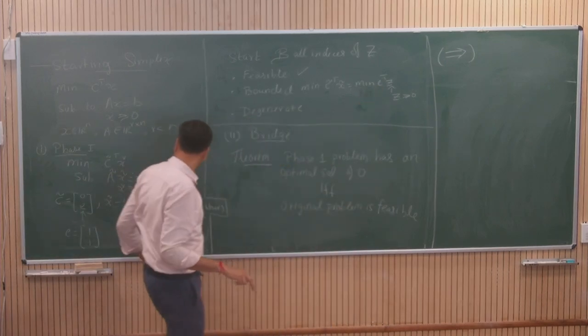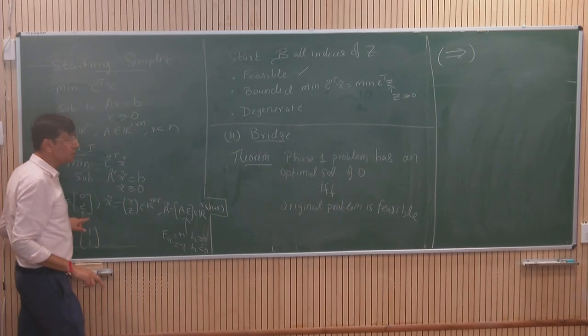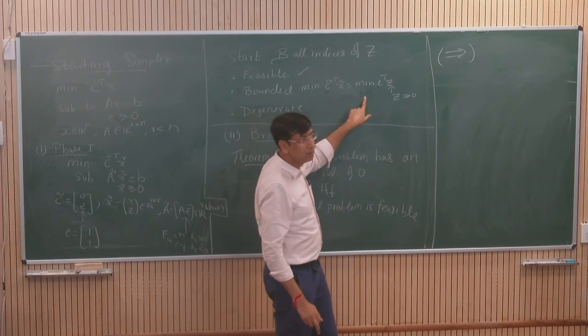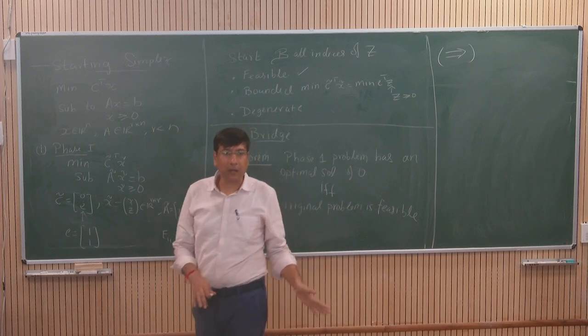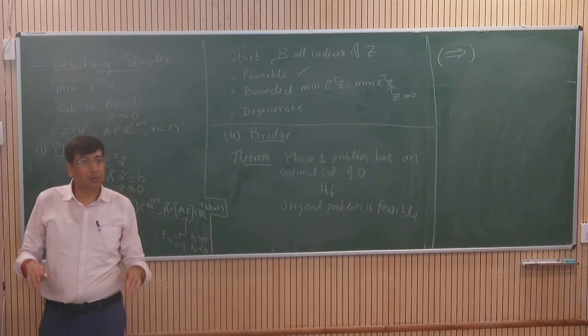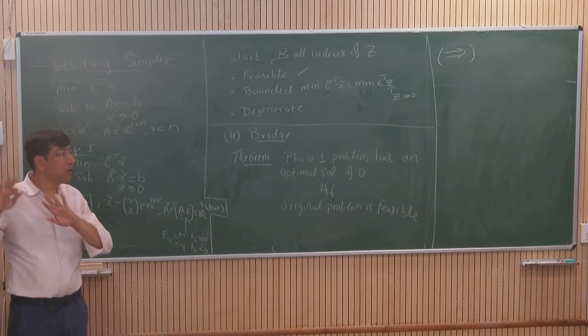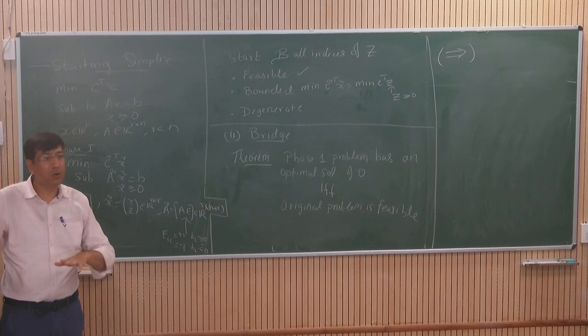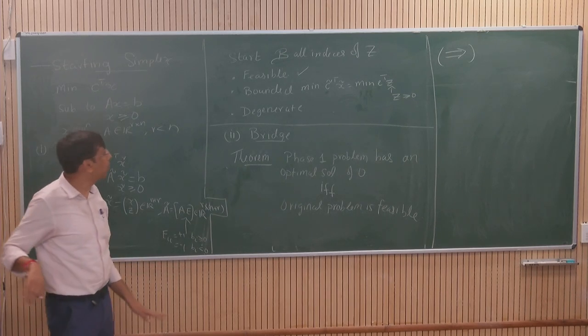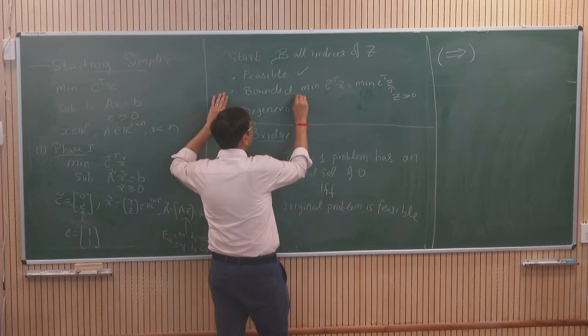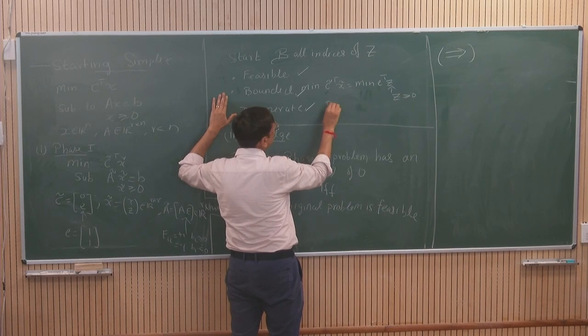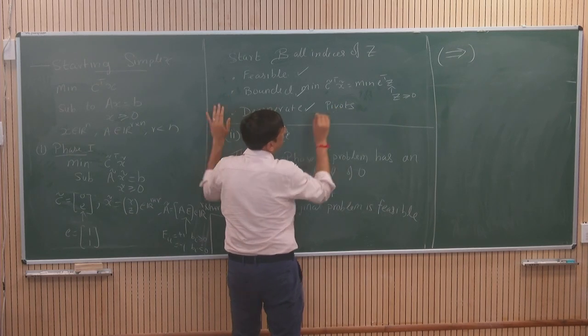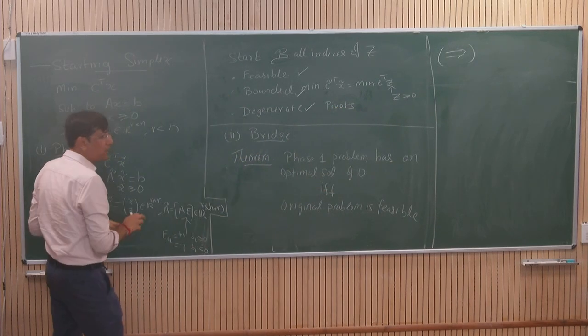So the minimum value of this is just 0. It cannot go lesser than that. So the problem is bounded below. It will not go to minus infinity, which we saw in the earlier case. So the problem remains bounded, and if the problem is degenerate, then you will use pivots and solve it. And this problem will be solved. It will give you a solution.